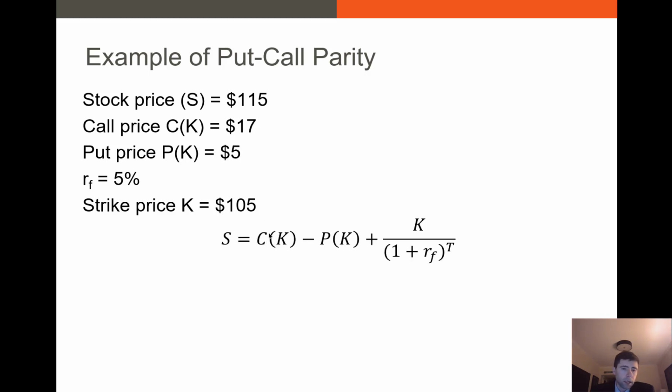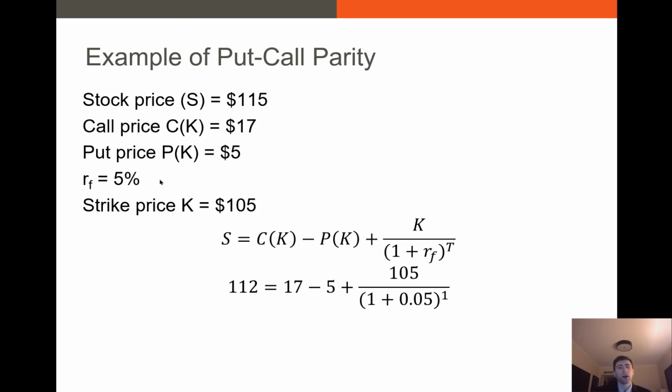And what this says is that our stock price is currently 115, but our synthetic stock should be the call price minus the price of the put plus the present value of this bond with a face value of K. So the synthetic stock should be worth 112, and the current price is 115. What this tells us is that this stock is overvalued relative to what it should be given the other components.